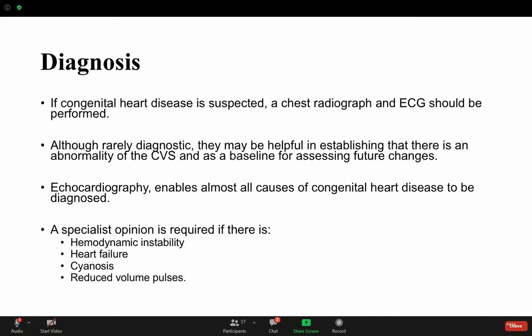The diagnosis, if congenital heart disease is suspected, a chest radiograph and ECG should be performed. فأي واحد نتوقع أنه عنده congenital heart disease, baseline chest X-ray, ECG should be done.